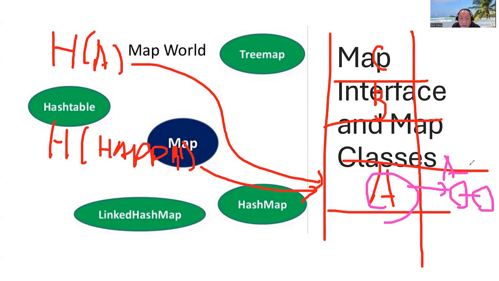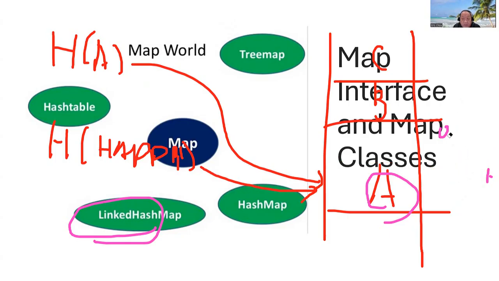So A right here, and then happy right here. So there's an order of M, where M is the number of elements hashed to the same location. So that's called linked hash map. Okay, that's one way you can handle it, is that you store them in a linked list.